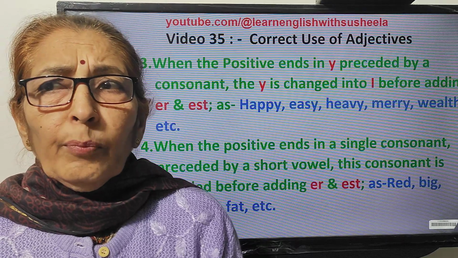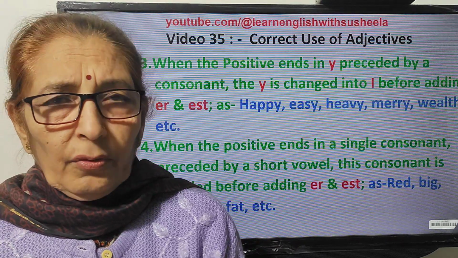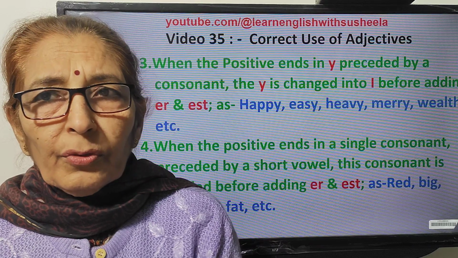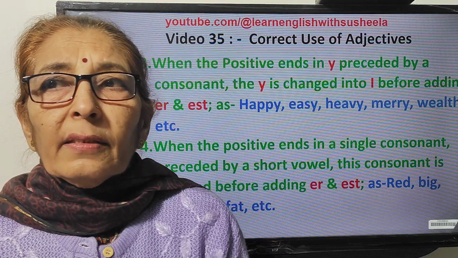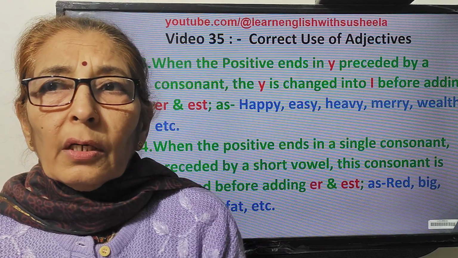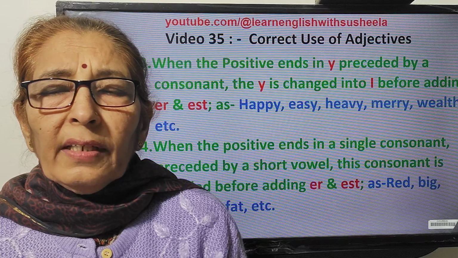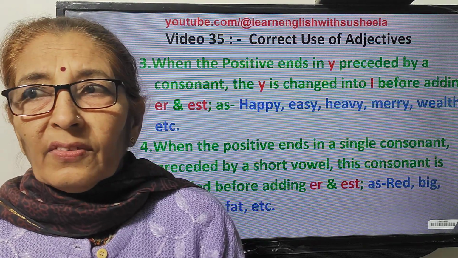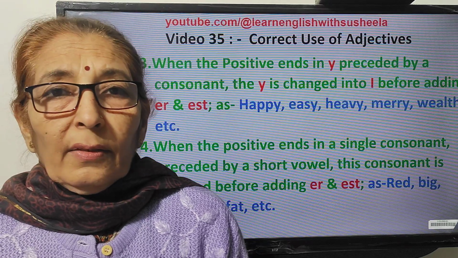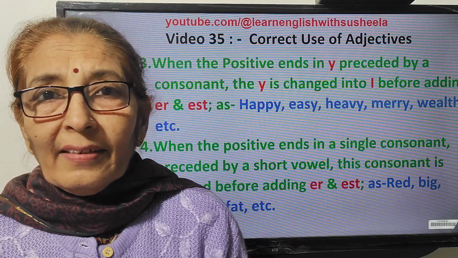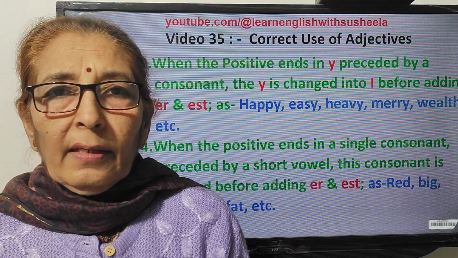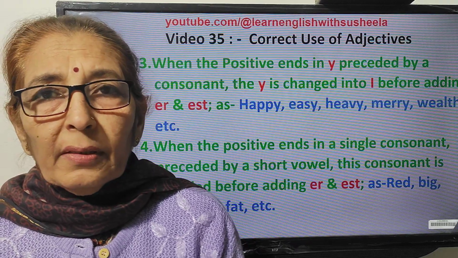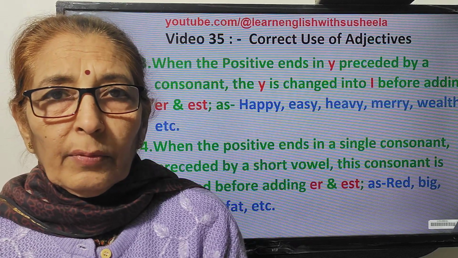Fourth way, when the positive ends in a single consonant preceded by a short vowel, meaning at the end a consonant is there, but before that there is a vowel which gives a short sound. This consonant is doubled before adding ER or EST, just as red. We say red, positive; redder, REDDER; and reddest, DDEST. In the same way, big, bigger, G will be doubled.